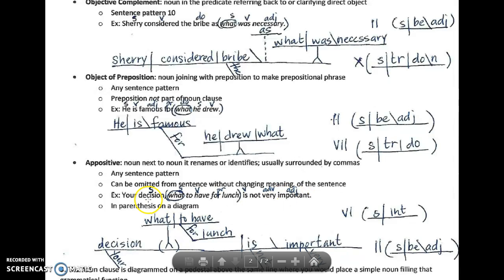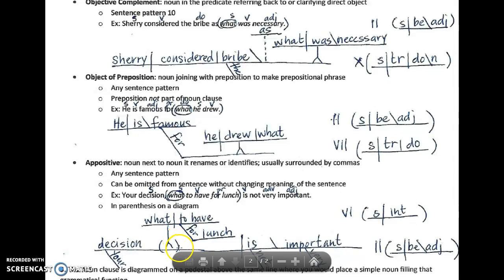So decision is our subject. Here's our noun clause, and then the rest of our sentence. So I'm going to do decision. The appositives go in parentheses to show that it's not an integral part of the sentence. So it follows the noun, whether that noun is in the subject place, in the object place, a subjective complement, wherever.